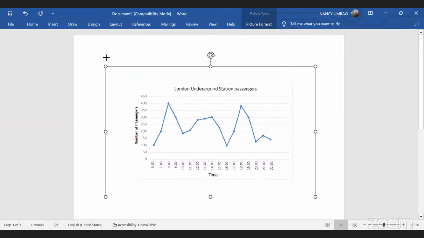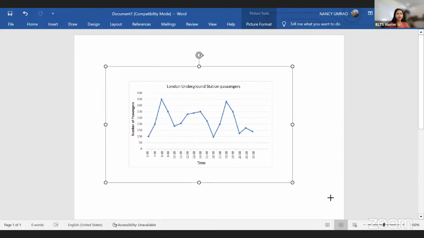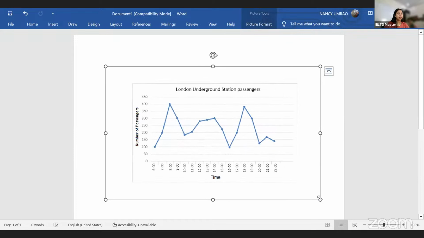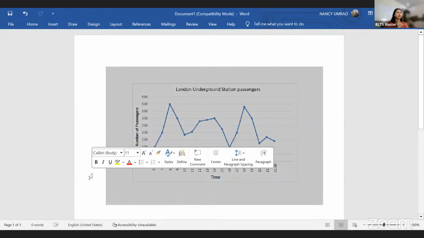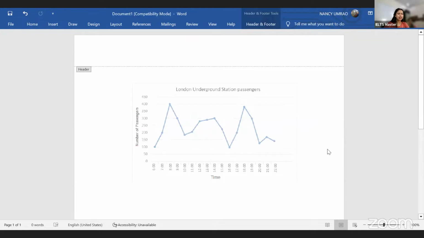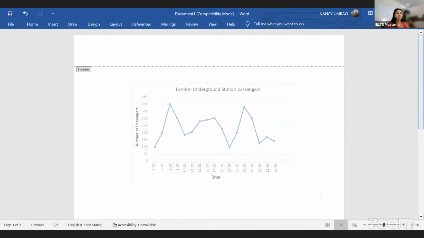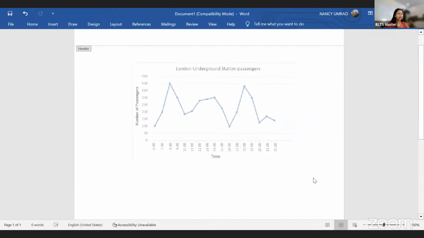Yes, ma'am. Correct. So understand this graph. This graph is telling London Underground Station passengers. On x-axis, time is mentioned: 6 o'clock, 7 o'clock, 8 o'clock, 9 o'clock. And on y-axis, number of passengers are given, like 50 passengers, 100 passengers, 150 passengers, 250 passengers, like that. Is that clear?